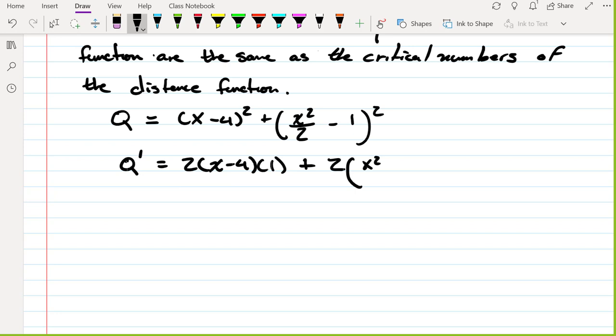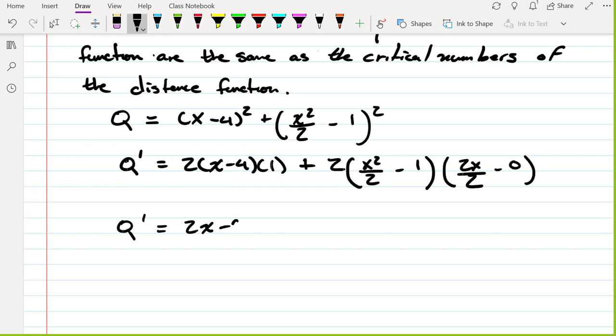We have (x squared over 2 minus 1) times the derivative of the inside. The derivative of x squared over 2 is 2x over 2, and the derivative of 1 is 0. Then cleaning that up a bit, we get Q prime is equal to 2x minus 8.